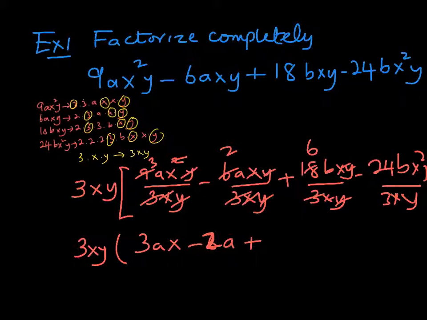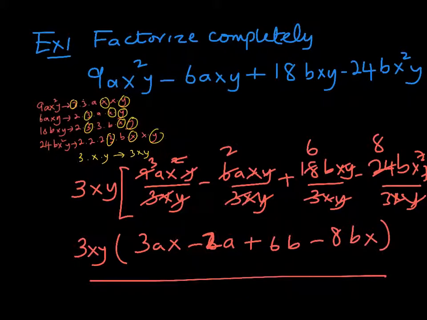Plus, the x and the y cancel out here, and 3 goes in 18 six times, so 6b. Minus 3 in 24, that is 8, and then the y's cancel out, and the x cancels out one of the x, so what we have is 8bx. Okay, so we have successfully factorized 9ax squared y minus 6axy plus 18bxy minus 24bx squared y.